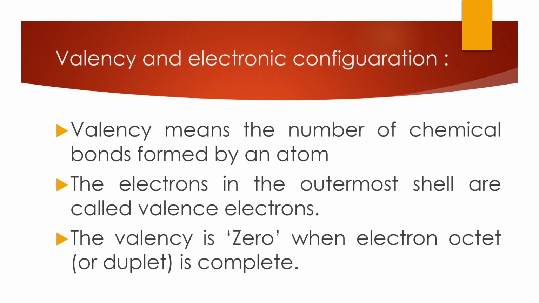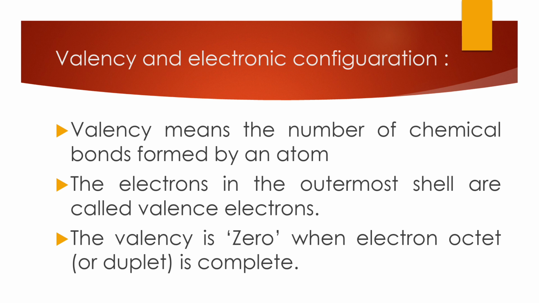The valency is 0 when the electron octet is complete. Now what is an octet? Octet means 8. If 8 electrons are present in the outermost shell of an atom, then it is called an octet. And duplet means 2.